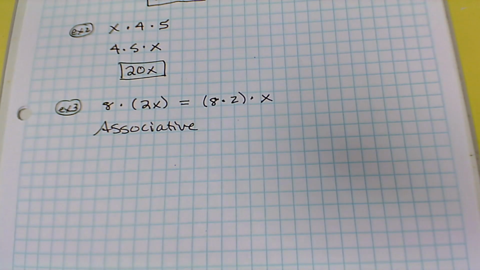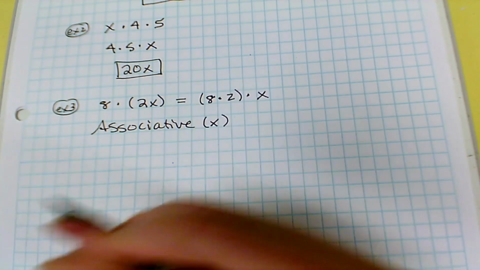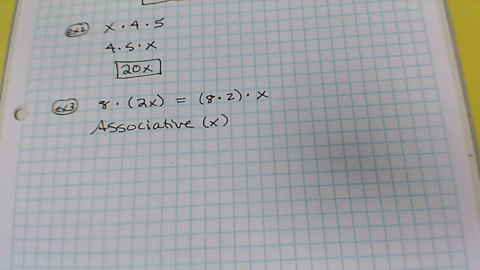And then there's two of them, associative property of multiplication and associative property of addition. Which one is this? Addition or multiplication? Multiplication. So you can put a little times symbol. That would be your reason that that equation, the left equals the right. All right, we're going to do a little bit more practice here.